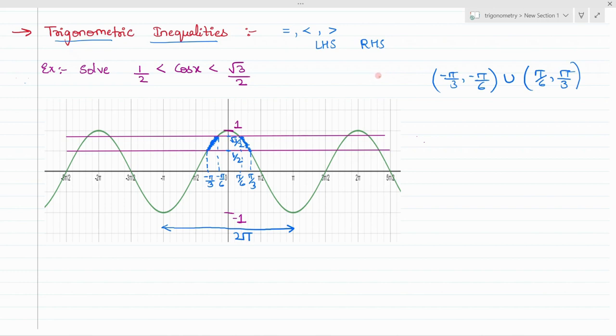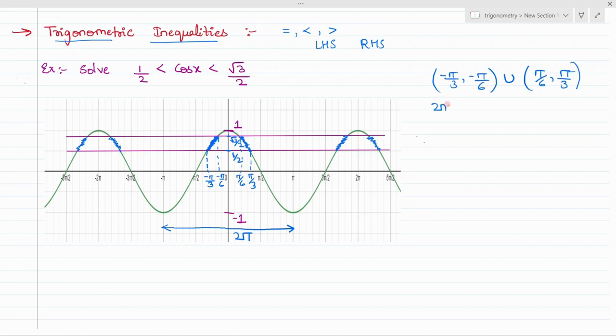And here we are only talking about the range between minus pi to pi. But this is an infinite graph. So after the pi value, this part also is included, and on the negative side, similarly, this part and this part also are included. So it's nothing but 2n pi plus the same part.